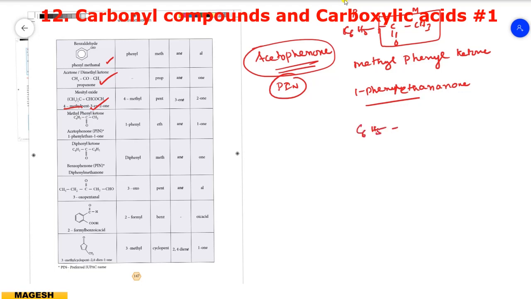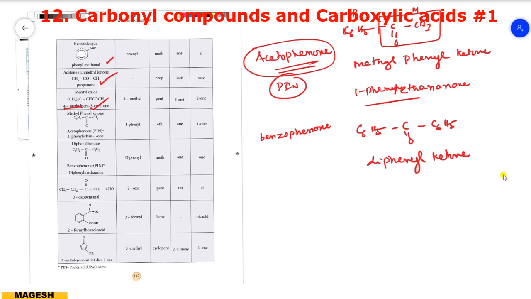Both groups are phenyl groups. You can write it is diphenyl ketone. Two phenyl groups are present, and it is also known as phenone. So a benzoyl group is present, so it is benzophenone.